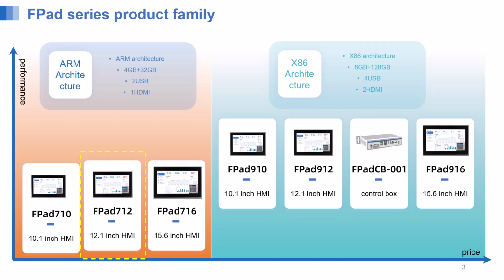And different from the FPAD 7, the FPAD 9 series also has a control box product. It is only the control part without the display, but you can also connect it to an external display.